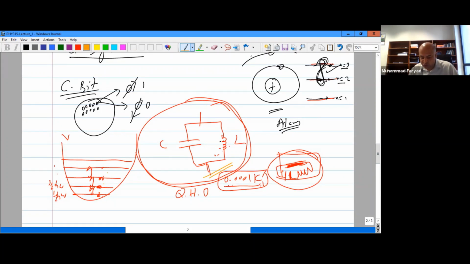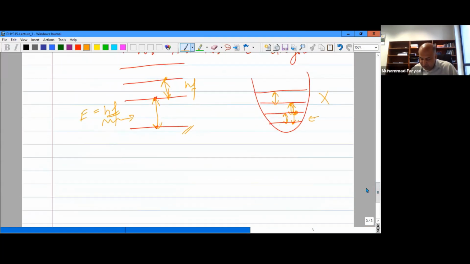When we introduce non-linearity into the circuit using a Josephson junction, the energy levels of this harmonic oscillator are no longer the same. For example, it's like this. So the energy levels become different from each other by introducing non-linearity, essentially changing the harmonic oscillator to a nonlinear harmonic oscillator. Then you can work with these two energy levels.